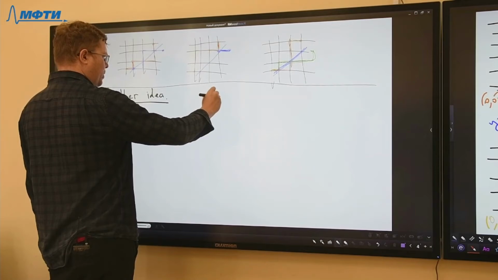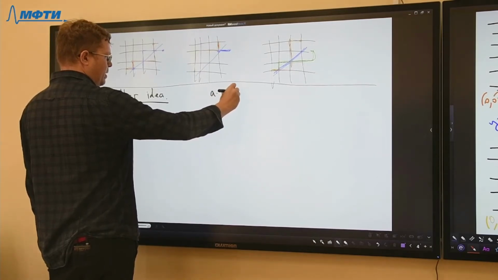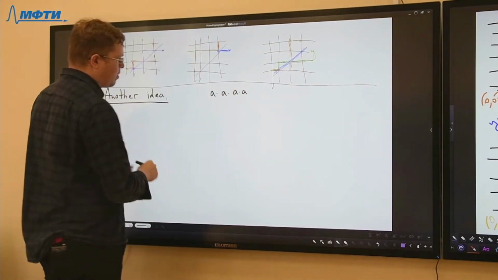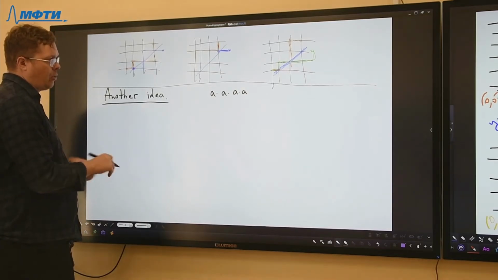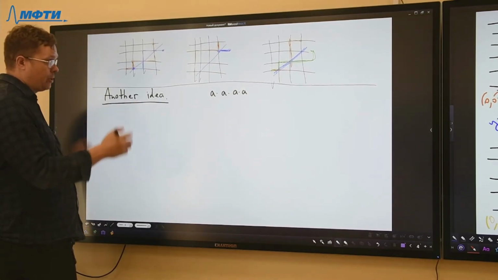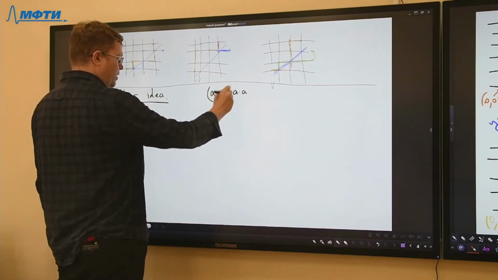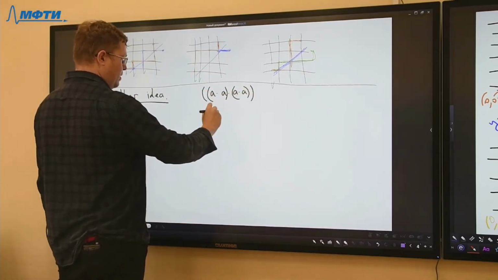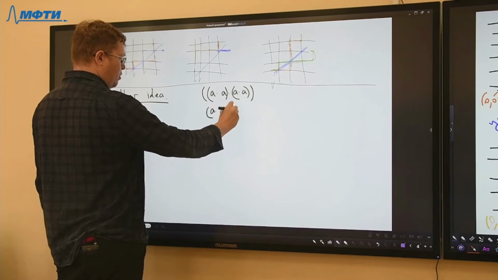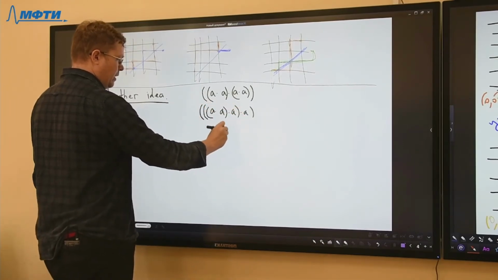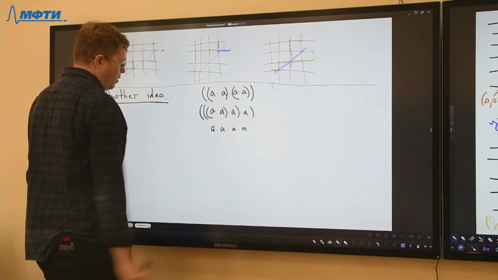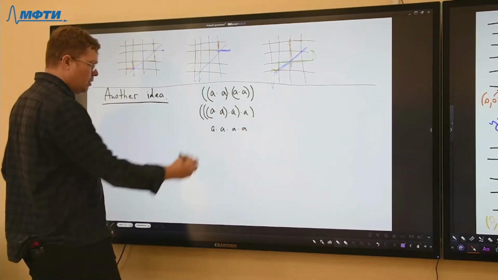So for example, if we have four a's, how can we calculate the multiplication of them? The order of multiplication can be given as exactly the Catalan number of 3.